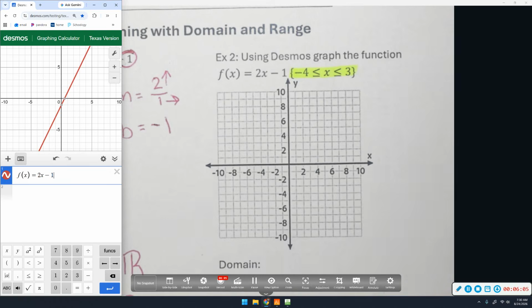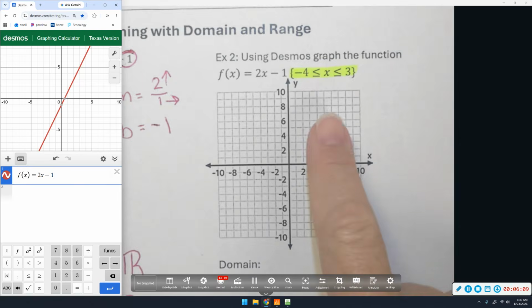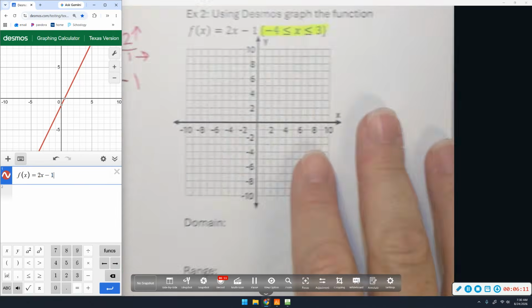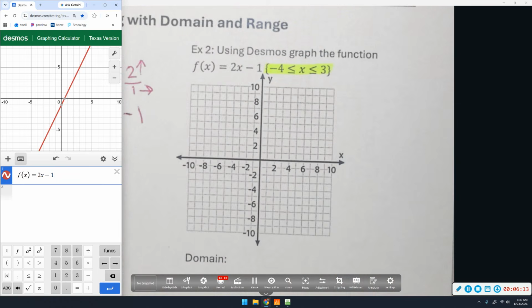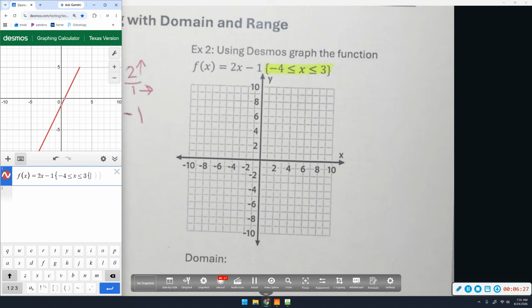So I want y'all to type that in your calculator. You're going to type it exactly the way you see it. Okay, so I'm going to throw in the symbol: -4 is less than or equal to x is less than or equal to 3, and then the symbol again.